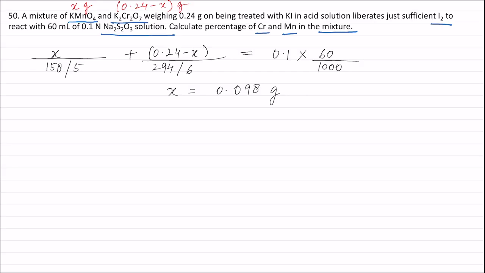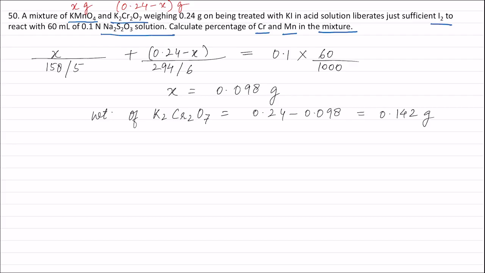Therefore, weight of KMnO4 in the mixture is 0.098 grams and weight of K2Cr2O7 in the mixture will be 0.24 minus 0.098, which is equal to 0.142 grams.